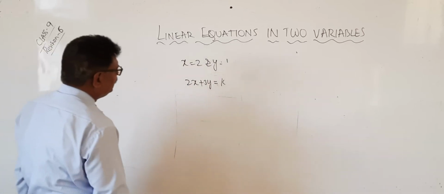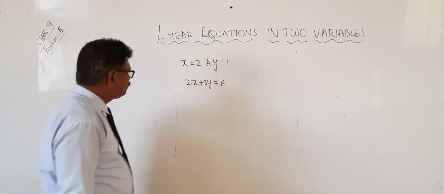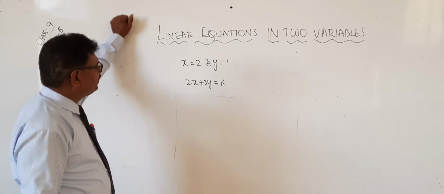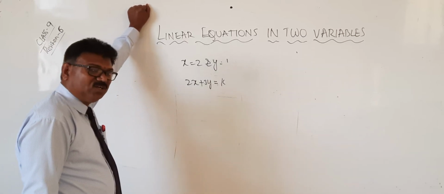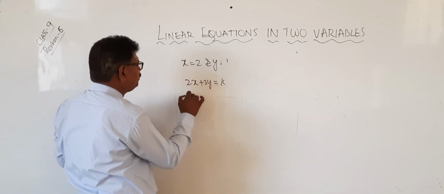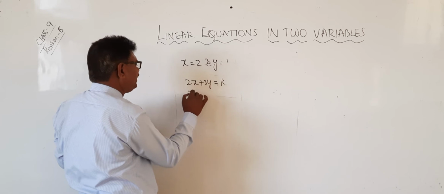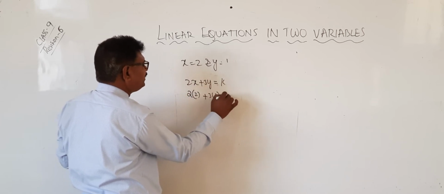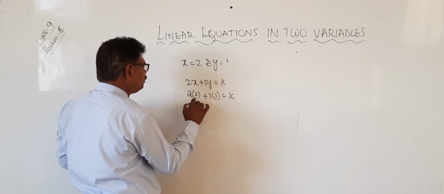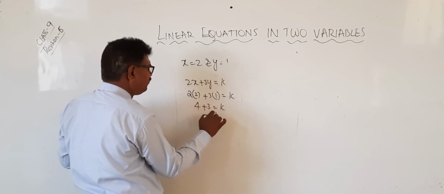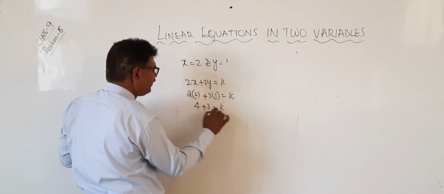See, he has given the linear equation 2x plus 3y equal to k and has given the values of x and y. We should find the value of k, the unknown. Now very simple. 2 into 2 instead of x, plus 3 into 1 instead of y, equal to k. 2 twos are 4, plus 3, therefore k equal to 7.